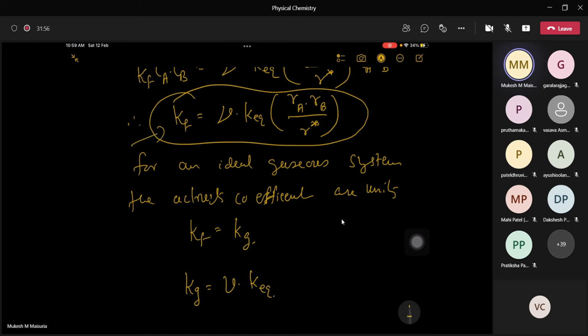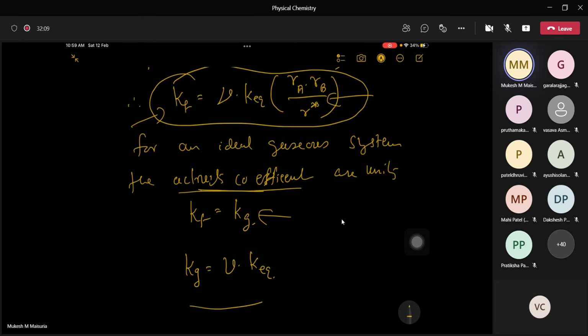Because Kf is equal to Kg, we have considered the ideal gaseous system, and for an ideal gaseous system the activity coefficient values are unity. So the equation becomes this. Understand?